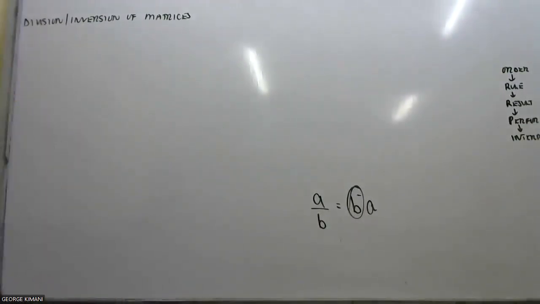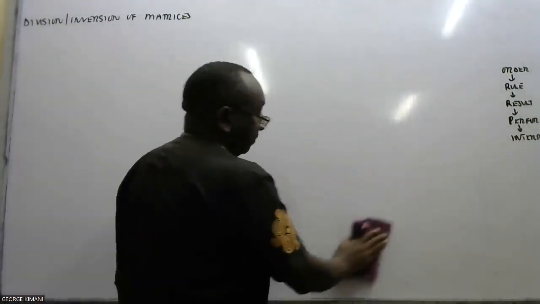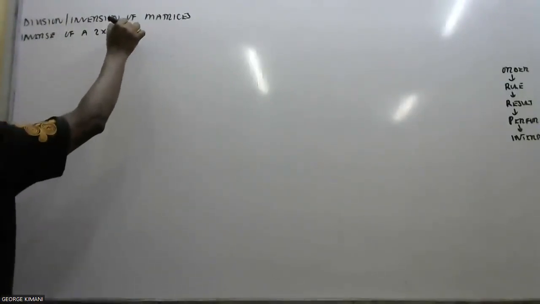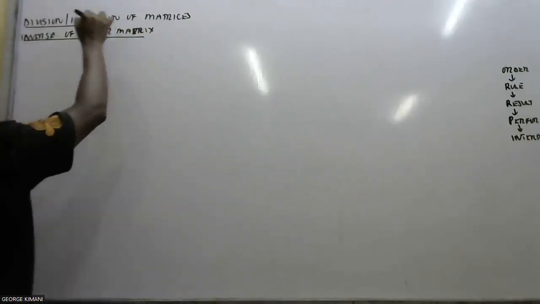The procedures that are taken to get the reciprocal depend on the order of the matrix. So let's start with the inverse of a 2 by 2 matrix.